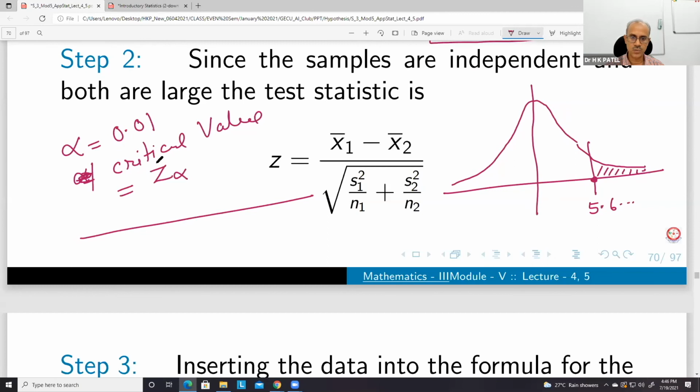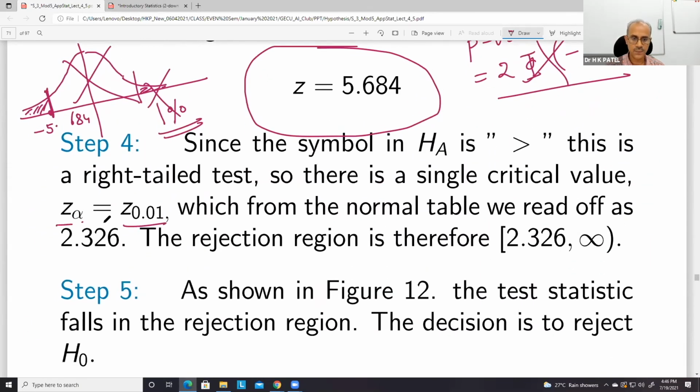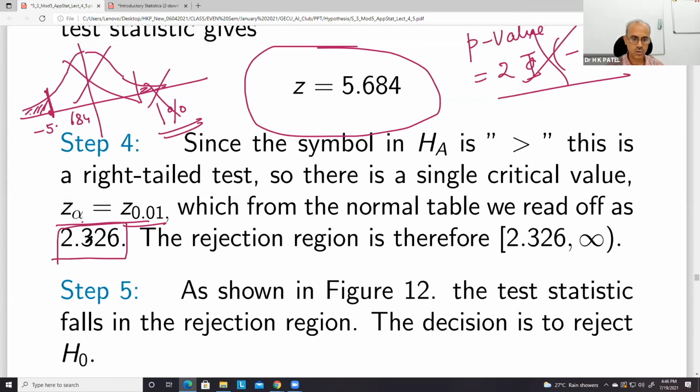So alpha is 0.01 and the critical value is Z alpha. We have to find this from the table, and you can see that this value is 2.326.